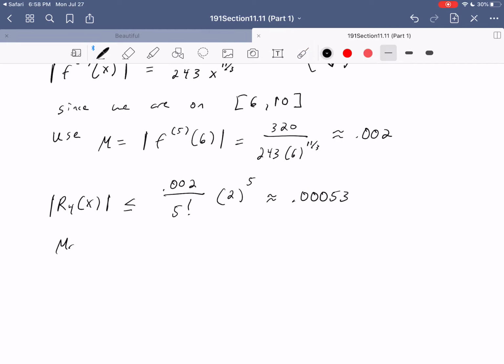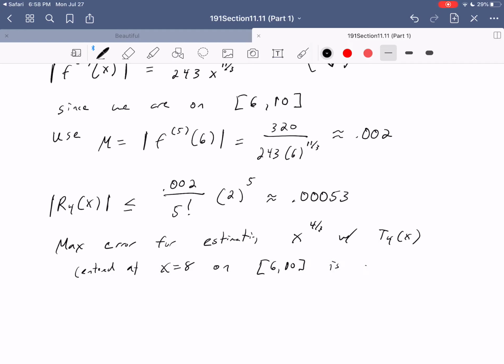So max error for estimating x to the 4 thirds with T4 of x centered at x equals 8 on 6 to 10 is 0.00053. So an incredibly small maximum error when using this T4.